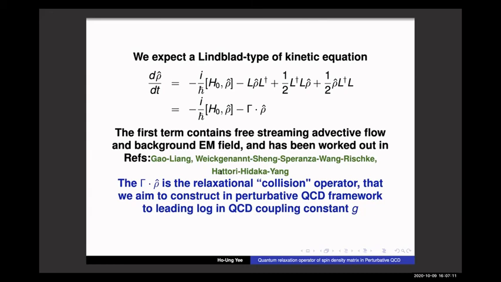Yeah, I think this is also a very important question. After we work out everything, including this non-local effect, then we will be able to see whether it also appears in this Hamiltonian evolution part or not.